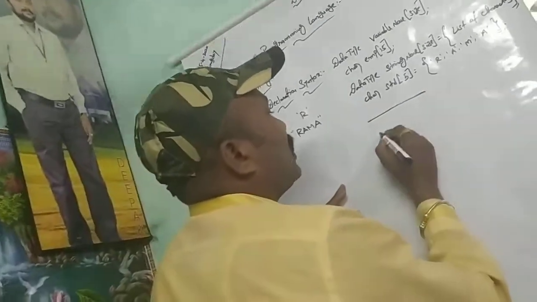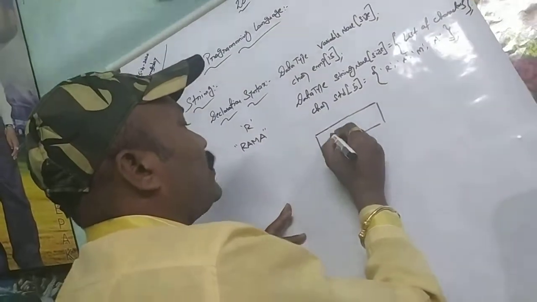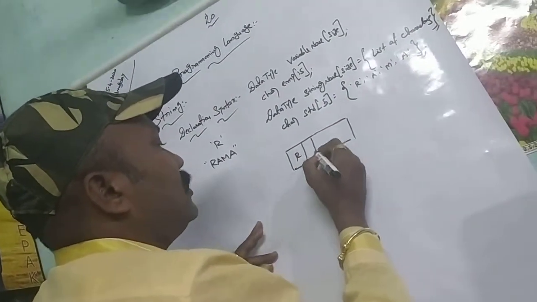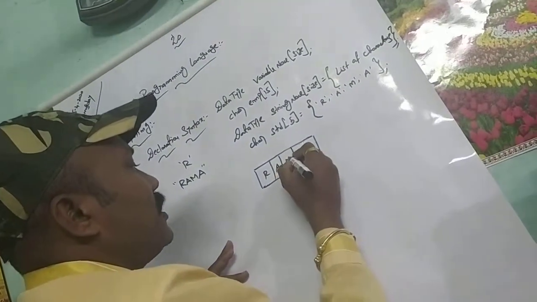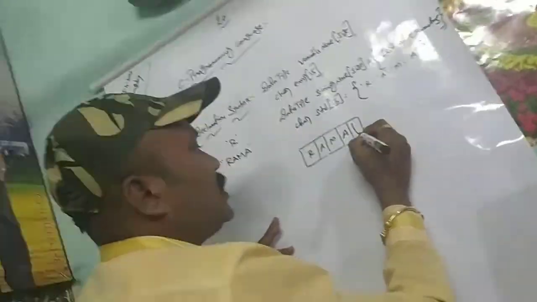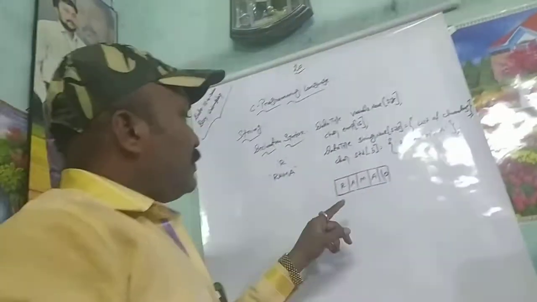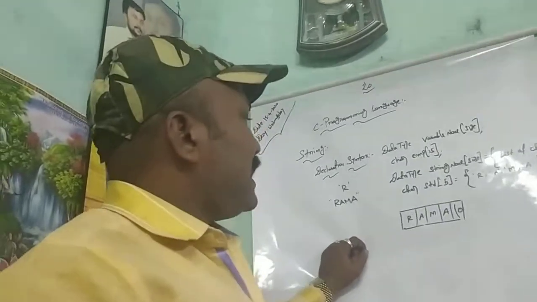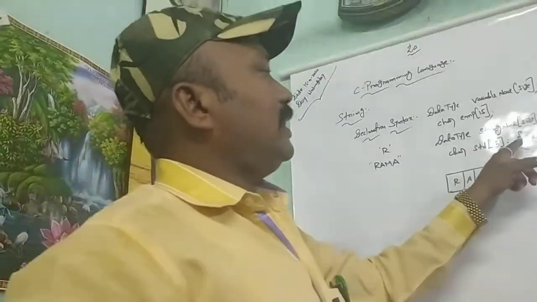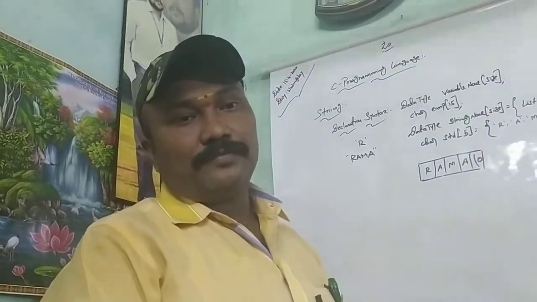For example, Rama is stored as R, A, M, A, and the last character is followed by the null character, backslash zero. That is about string initialization.